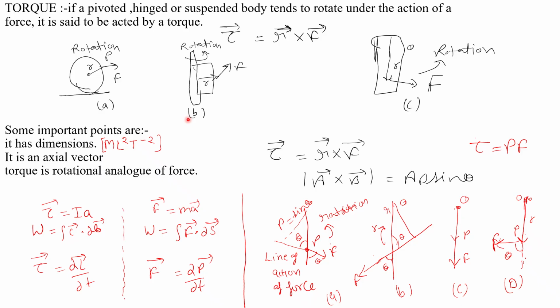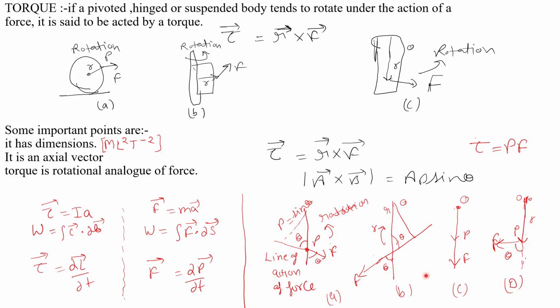Next, the magnitude of torque is tau equals r F sine theta. This is shown in this figure. So tau equals p F, equals moment of force. This is why torque is synonymous with moment of force, and p is called the moment arm.